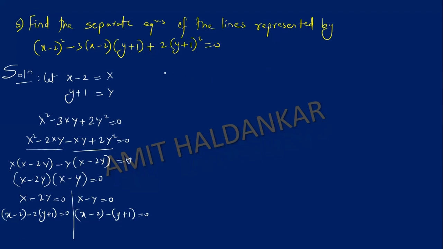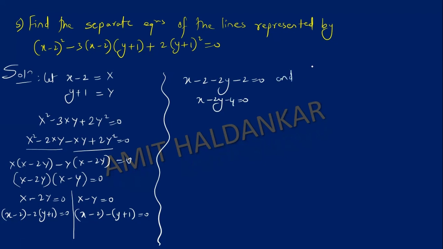Finally, when you solve, you get x minus 2 minus 2y minus 2 is equal to 0. That is x minus 2y minus 4 is equal to 0. And if you solve the second one, x minus 2 minus y minus 1 is equal to 0. That is x minus y minus 3 is equal to 0.